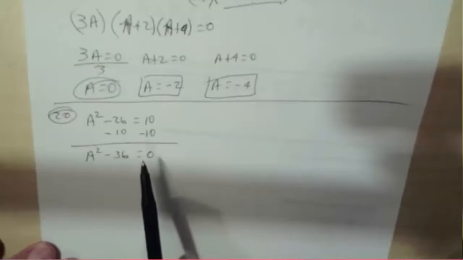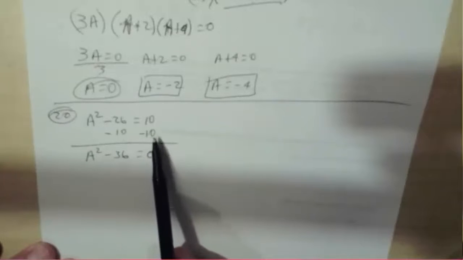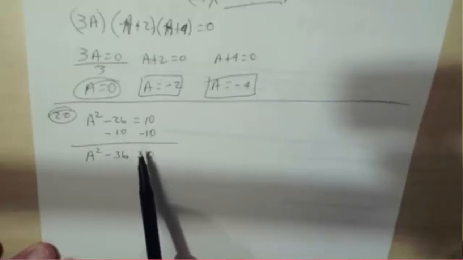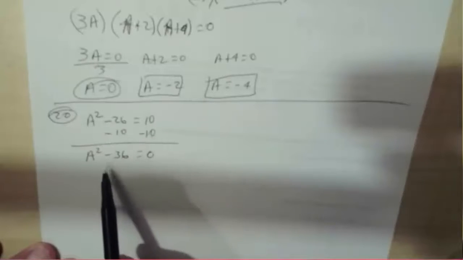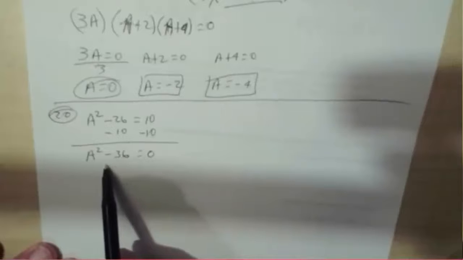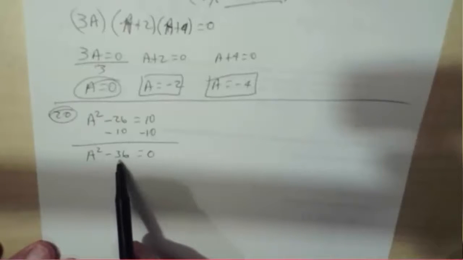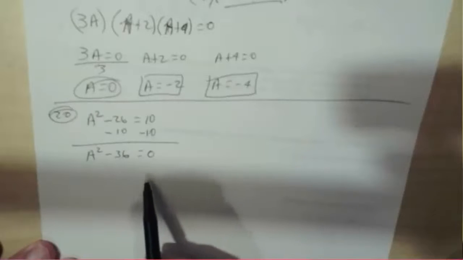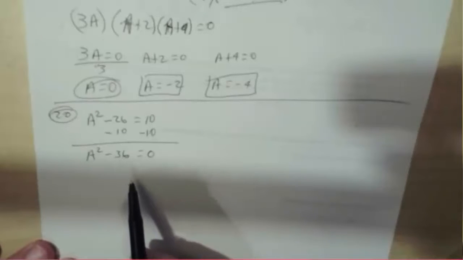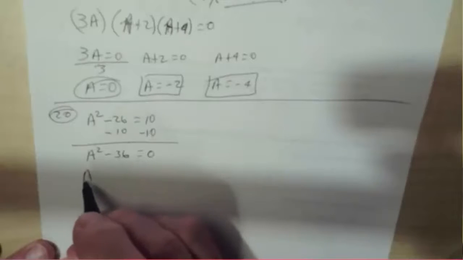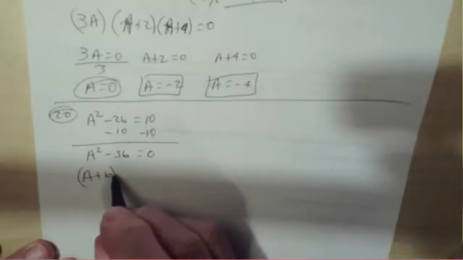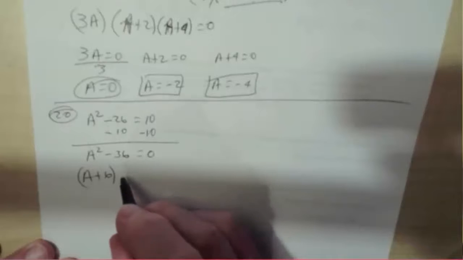Okay, the first thing we want to do is set this equal to 0. So we subtract 10 from each side. We get a squared minus 36 is 0. Now this is the difference of two squares. Difference means subtract. And what is the difference of two squares? A conjugate. So this is a plus 6 times a minus 6 equals 0, just take the square root of 36.